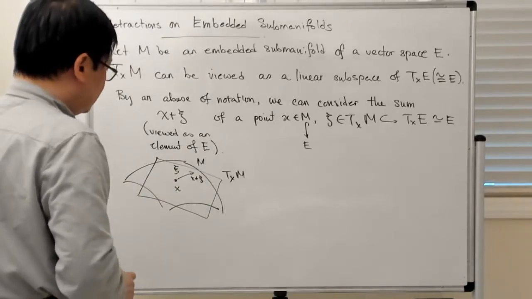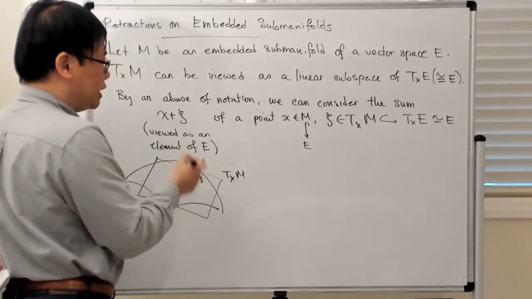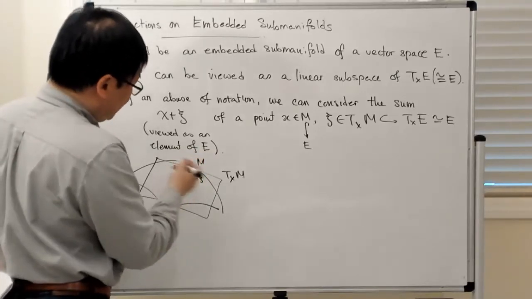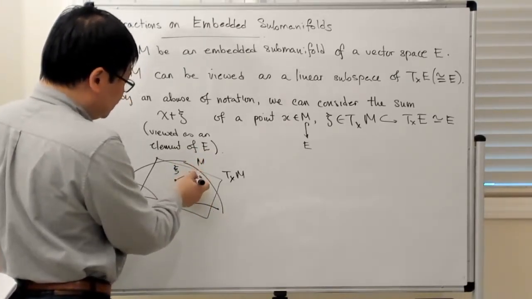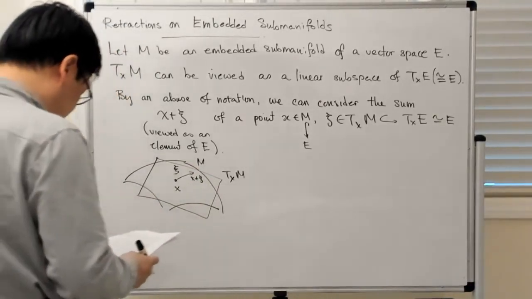Once you do that, if you want to define a retraction, which is a map from the tangent space back to the manifold itself, you might want to have some sort of projection back onto the manifold.